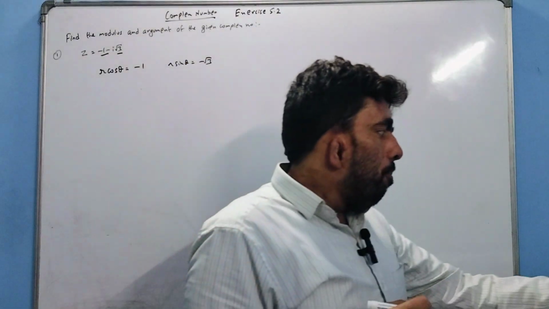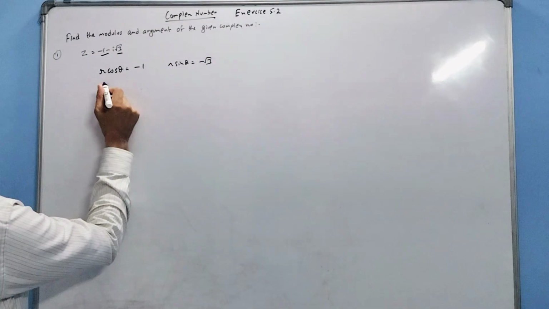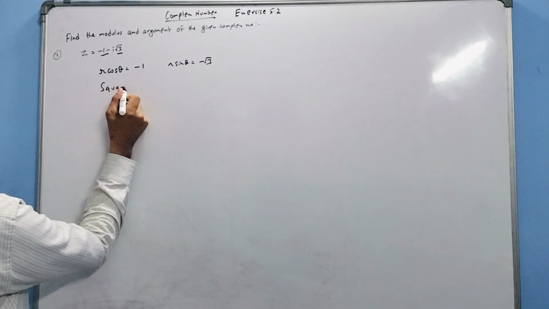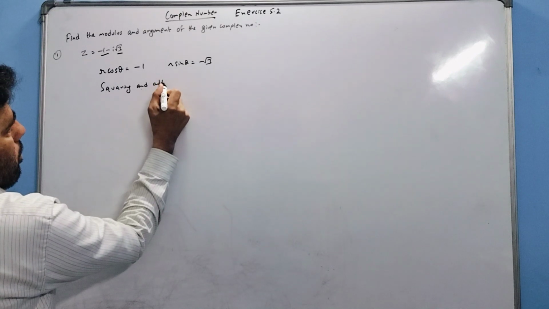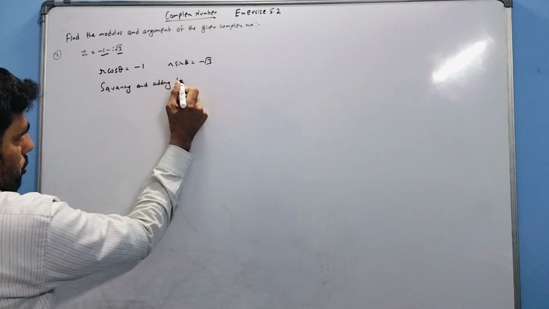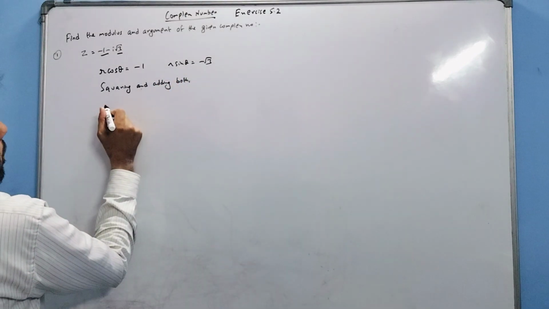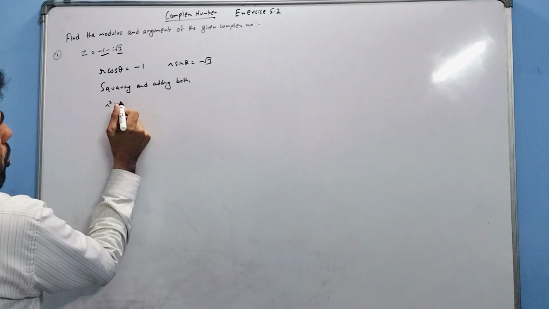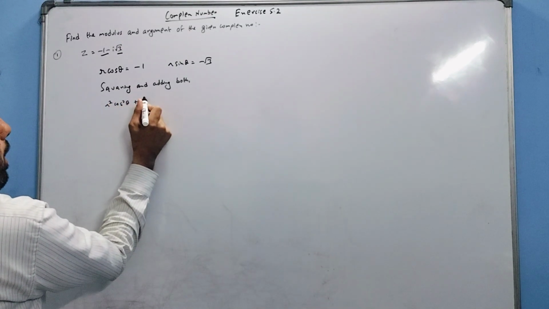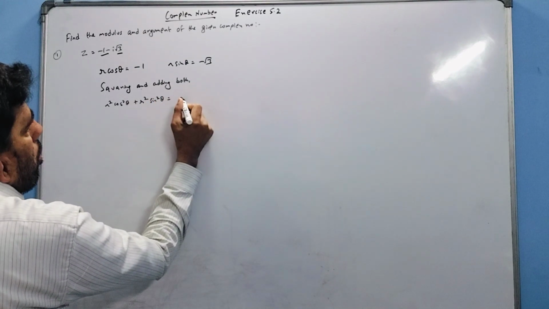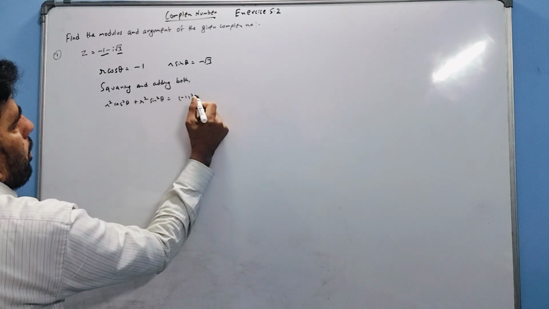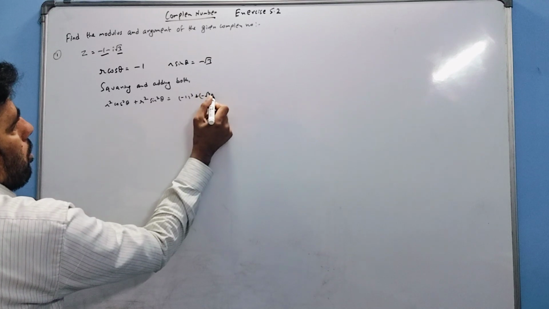Now we will square and add both. So what we get here is r square cos square theta plus r square sin square theta is equal to (-1) square plus (minus root 3) whole square.